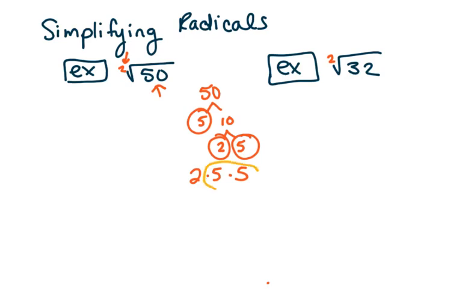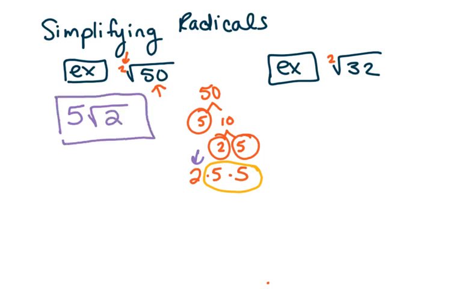I have a pair of 5s. So that 5 is going to go outside, but I'm only going to write the group once, okay? So each group that you circle, it only gets written outside one time. And then whatever is left over stays inside. So this little guy right here, this 2, he doesn't have a buddy, so he's going to stay inside. He doesn't get to go to the bathroom because he doesn't have a buddy to walk with.